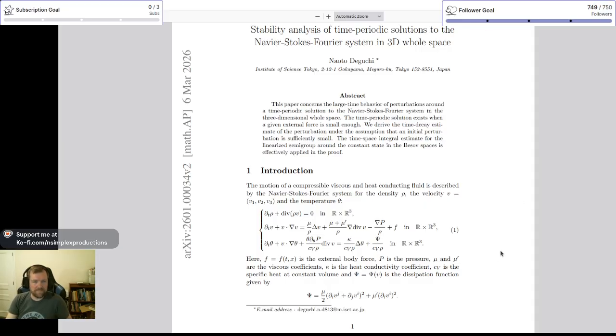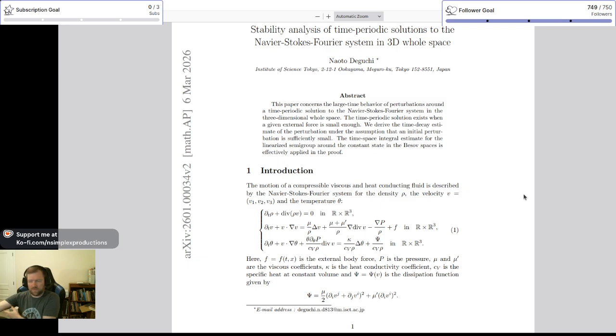All right. 1. Introduction. The motion of a compressible, viscous, and heat-conducting fluid is described by the Navier-Stokes-Fourier system for the density ρ, the velocity v equaling vector (v1, v2, v3), and temperature theta.